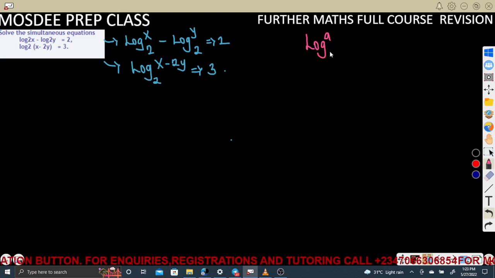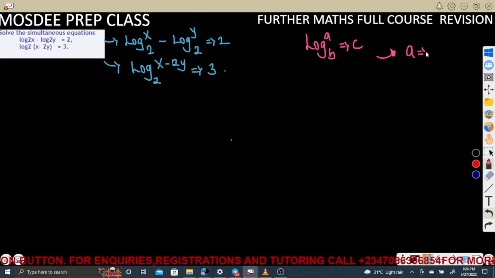Log of A to base B equals C can be expressed, and students should focus more on this, as A equals B raised to the power C. That is, the argument A equals the base raised to the power of the right hand side.